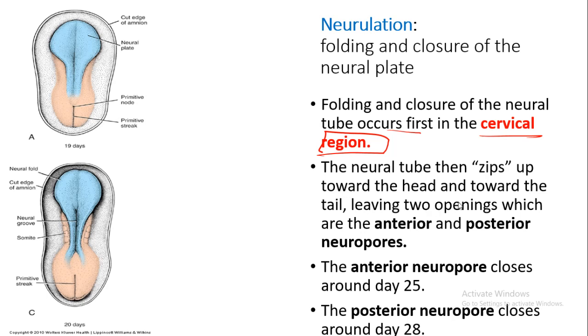Then, due to the zipping, two pores are formed. These pores have other names which I'm going to explain later on. There is the anterior pore and the posterior pore.